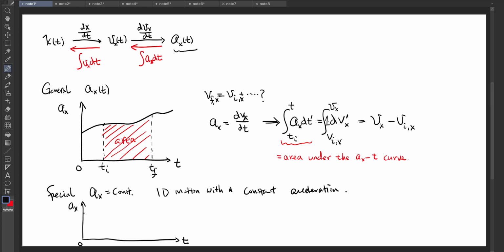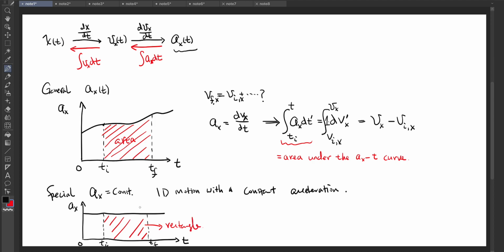The axt curve is a flat line like this, parallel to the time axis. And now if I want to do, let's say, starting time ti and final time t final, then the shaded area will be this rectangular area.